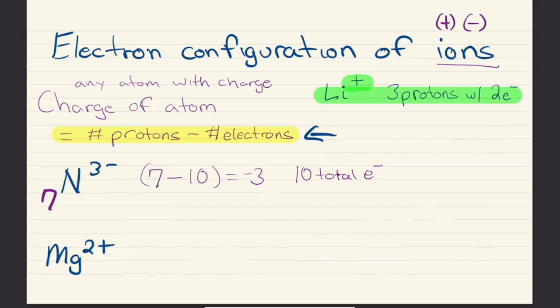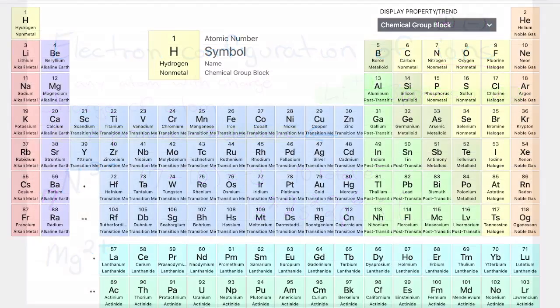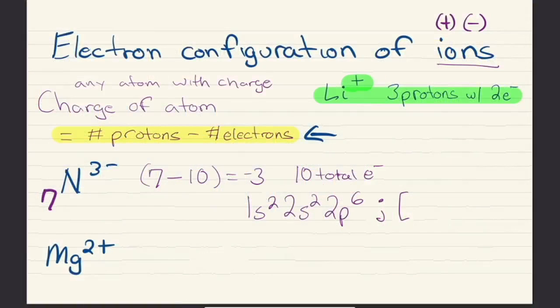But in this case, we are just being asked to write out the basic electronic configuration, which will be 1s2, 2s2, 2p6 to give us a total of 10 electrons. And if we look at our periodic table, we will find that 10 total electrons will give us the electronic configuration for the noble gas of neon.